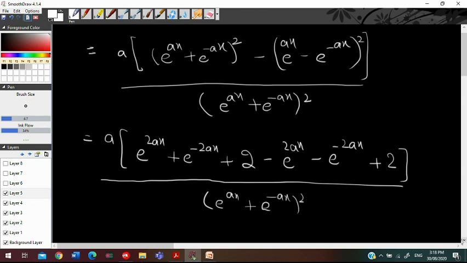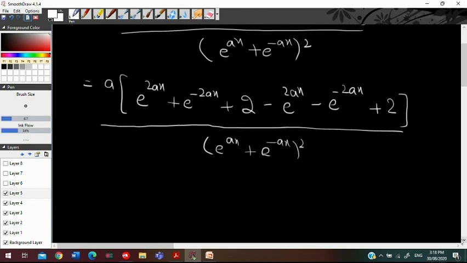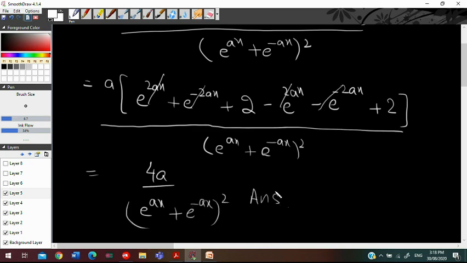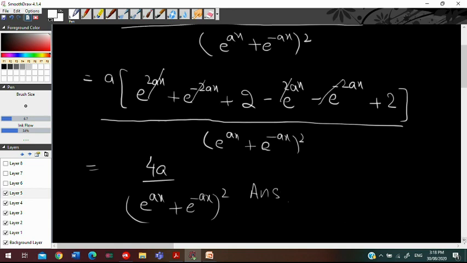You cancel some terms, and just you have 4a divided by exponential ax plus exponential minus ax whole square, which is the answer of your question. Now this is the solution. Now I will solve the last part of your question number 1.